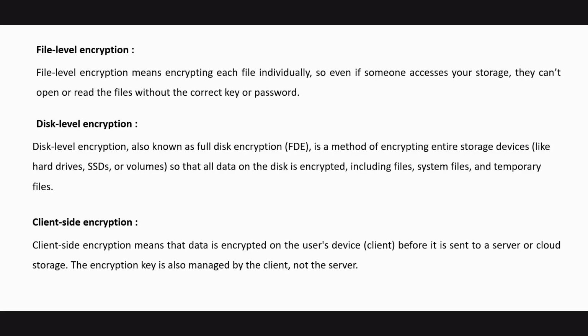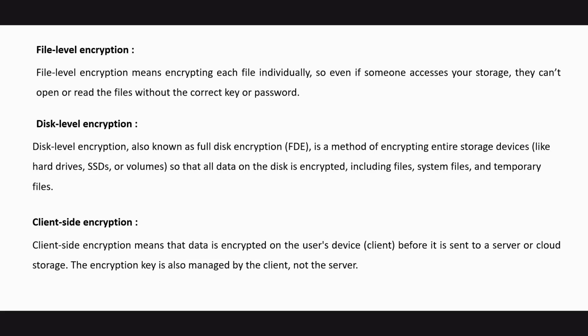Disk level encryption, also called full disk encryption, means the entire disk, the storage devices like hard drive, SSD, or solid state drive, or volumes, whatever it is, everything is encrypted.